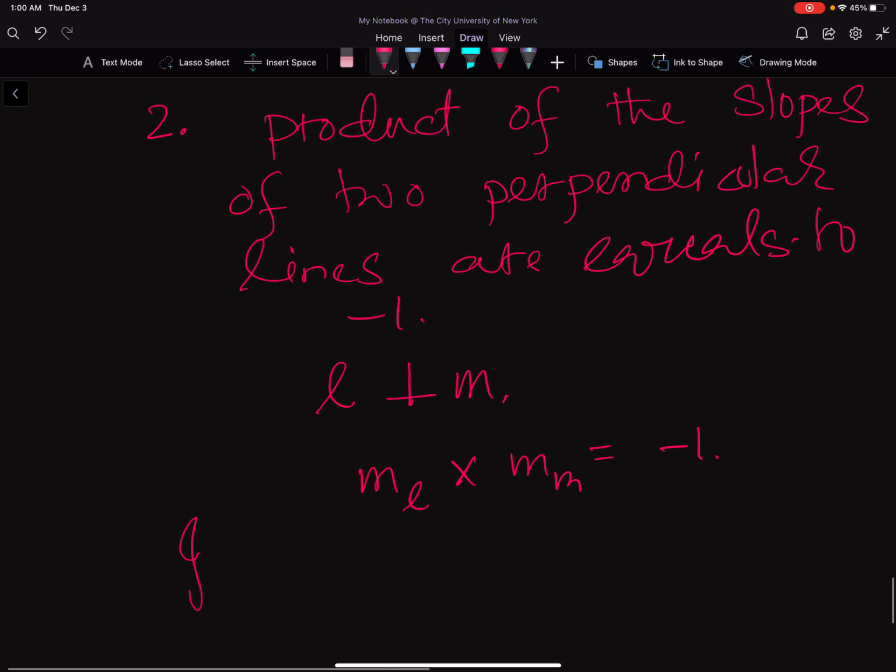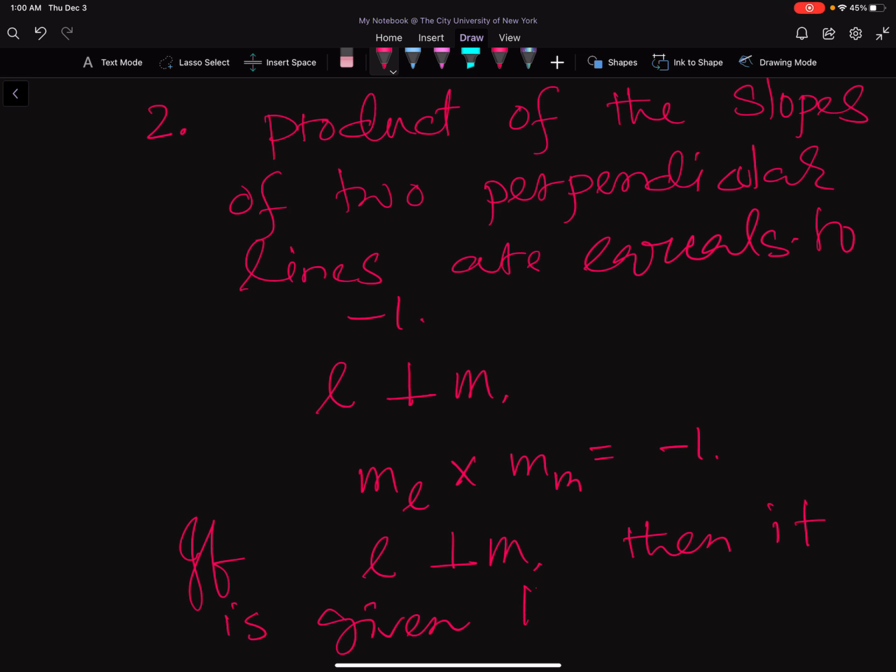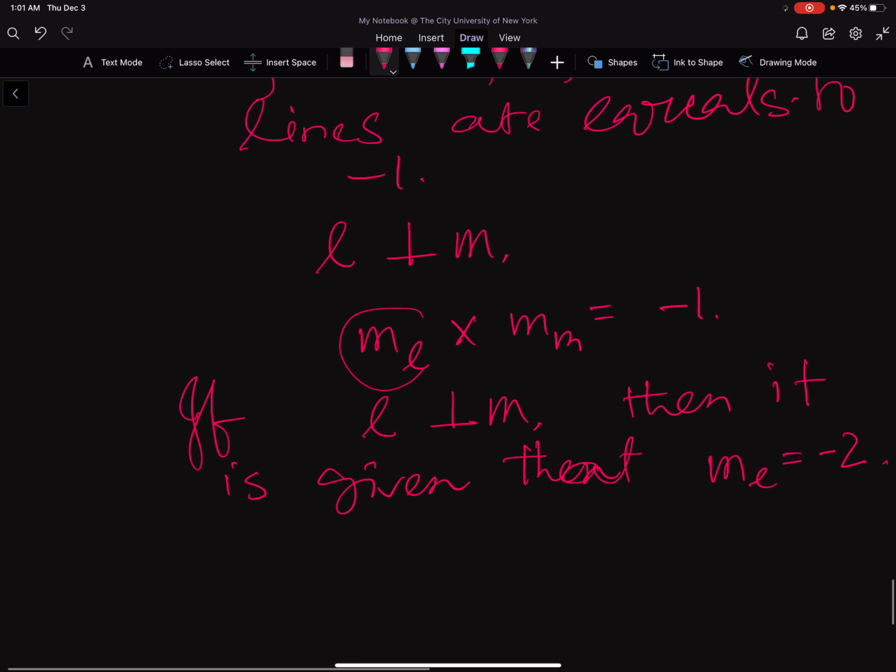So if lines L and M are perpendicular, and it is given that the slope of line L equals -2, then -2 multiplied with the slope of M equals -1.